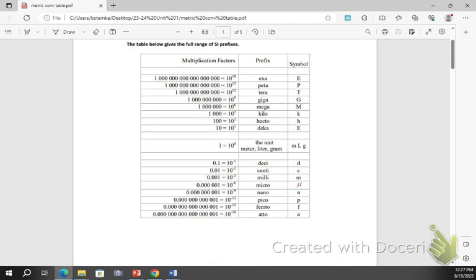I want you to draw kind of a bracket from kilo down to milli. That's the section that you're going to have to memorize. Oh, you guys don't have that one. But you should have it on the front page. Yours doesn't look identical to this. But on the big side, from kilo down to milli, draw a bracket. And that's the section that you're going to need to memorize.